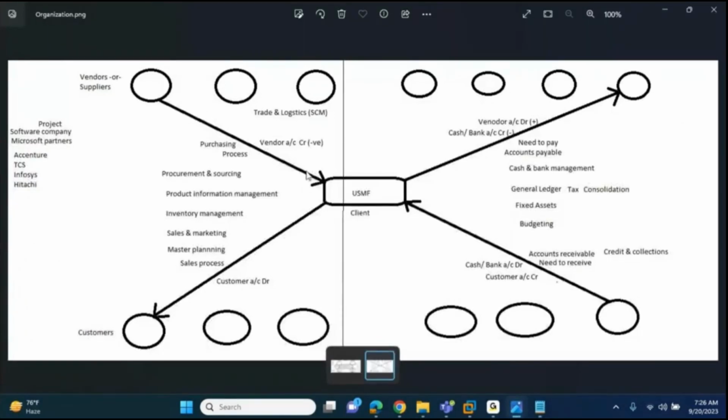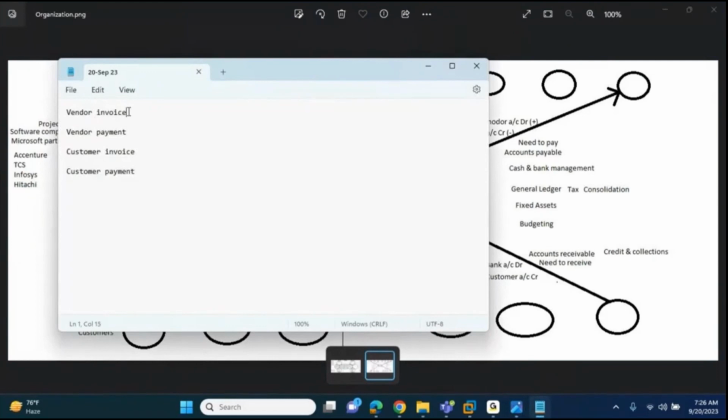These are the 4 transactions you need to learn in the system.